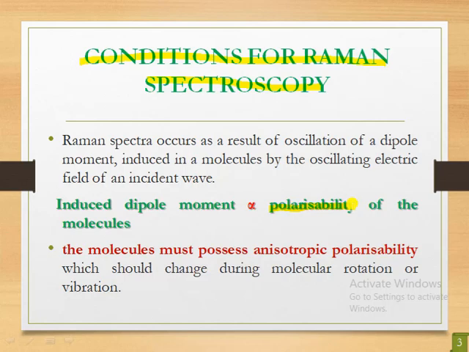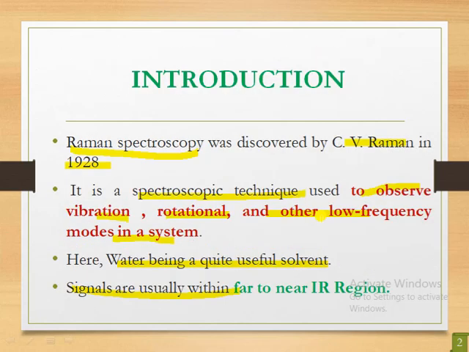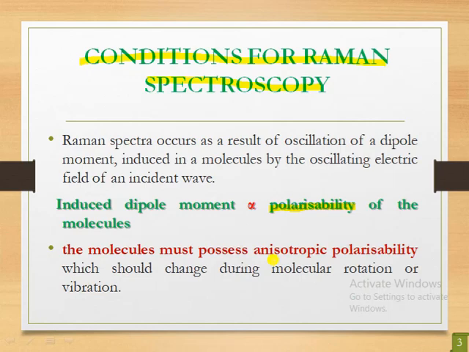See, here there is a second difference. The first difference we have already seen in the introduction part: water is used as a solvent, while in IR we can't use water. Here, the second difference is the condition of Raman.